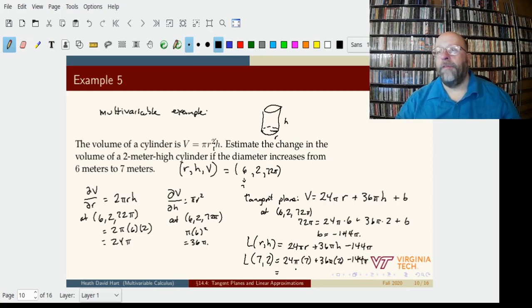And that, when we work all of this out, is going to be 96 pi. Well, the question, this is an estimate of the volume.